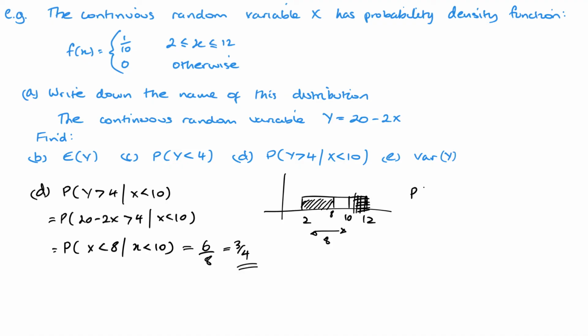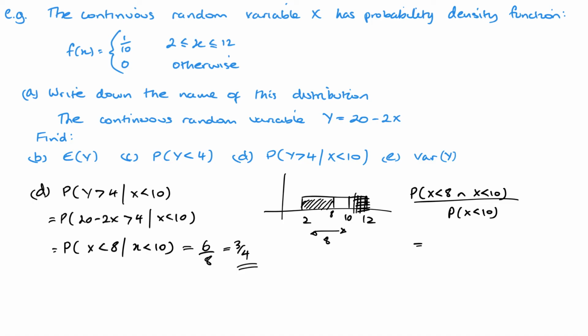Remember that alternatively, I could find this with the intersection. So x being less than 8, intersection with x is less than 10, over the probability when x is less than 10.